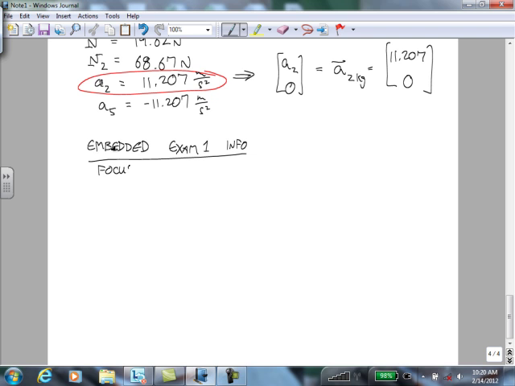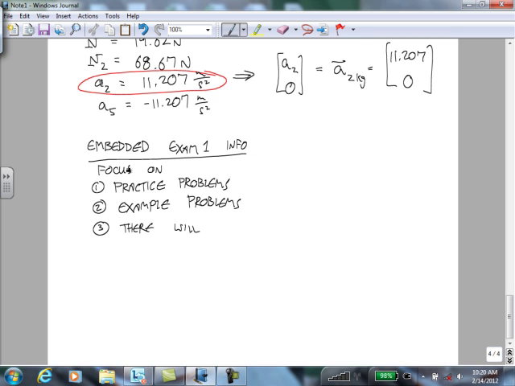So focus on the practice problems, the example problems from class, and just familiarize yourself with the quiz questions.